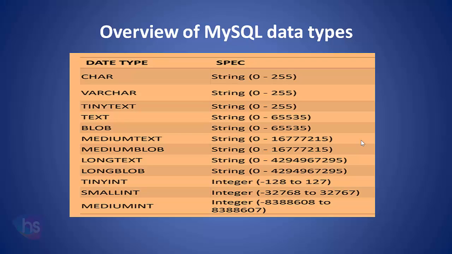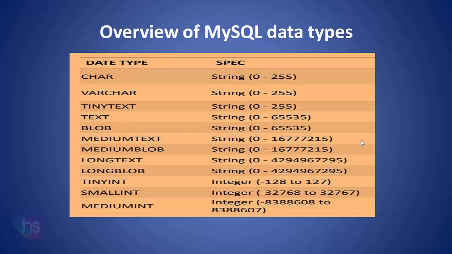Text, if you take it as plain text, around 65,535 characters can be stored there. And with a blob, 65,535 is the maximum length of the blob.